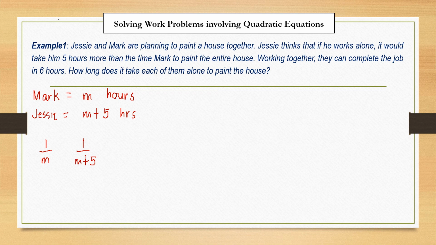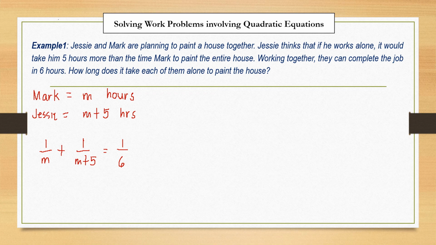Next, if they work together, what equation would represent the amount of work they can finish in 1 hour? So if they work together, 1 over m plus 1 over m plus 5 is equal to 1 over 6. Now this equation will represent the amount of work that they can finish in 1 hour if they work together.